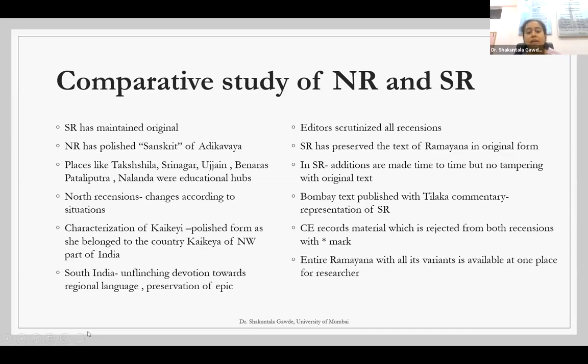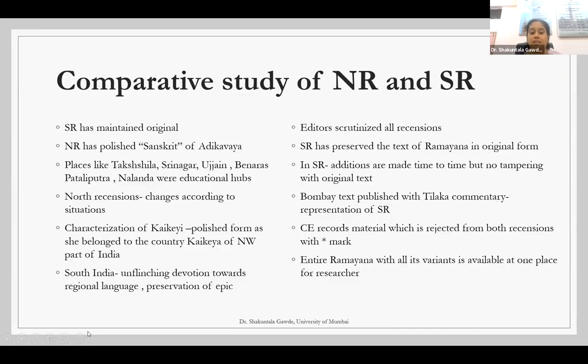All the manuscripts, though it is the first verse, start with some benedictory expression like Shri Ganeshaya Namaha, or they are paying their salutations to Valmiki, or to Vishnu, like that.